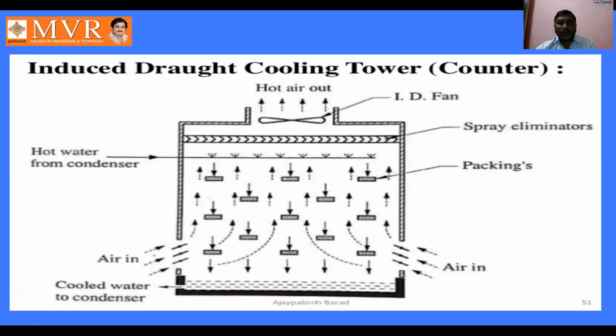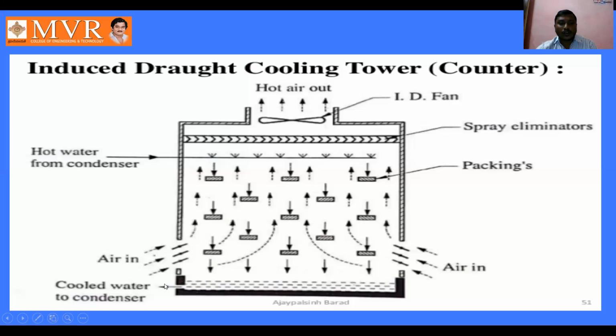The heat from the water is transferred into the air, and some of the water is converted into water vapor. With this air, the water vapor is taken out as hot air into the atmosphere, and the remaining water is collected in the collecting tank.